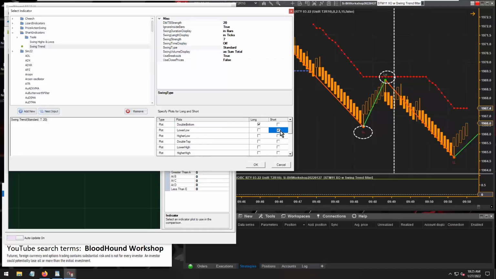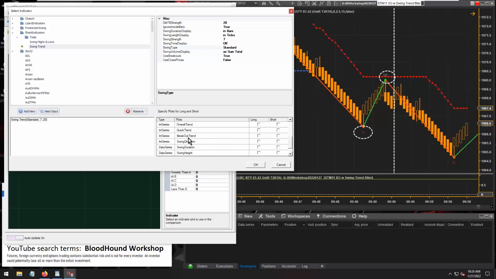So for a short, we want a short output when a lower low occurs, and we want a long output when a higher high occurs. Okay. So you can see that the indicator does tell us when these points are locked in.